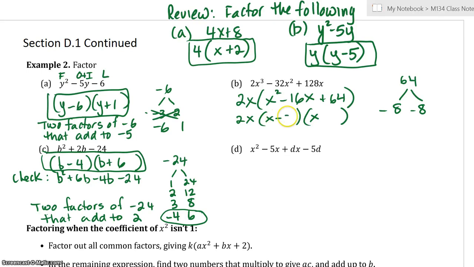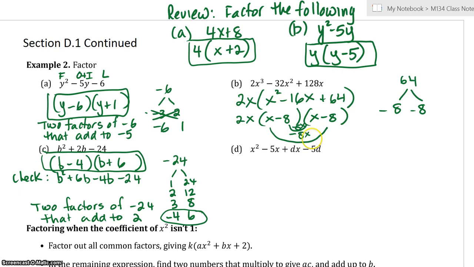This would be a minus 8 and a minus 8. Sometimes if you don't feel like doing a long check, I just visualize the first. That works. The last, that's a plus 64. And then the inner and the outer, I make an upside down rainbow. I get a negative 8x and a negative 8x.